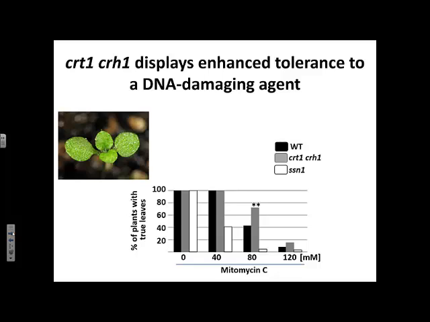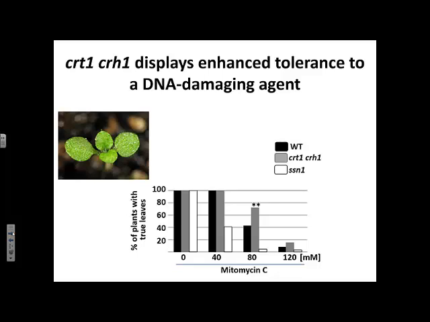What you can do is subject this Arabidopsis plant to a DNA damaging agent like mitomycin C. Even with wild type, as you increase this DNA damaging agent, the percentage of plants showing true leaves decreases, somewhat dramatically. At 80 to 120, you can see that now the majority of the plants don't develop true leaves.